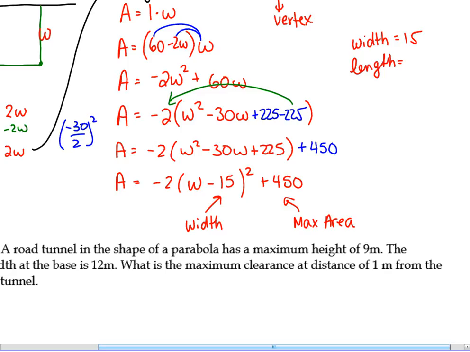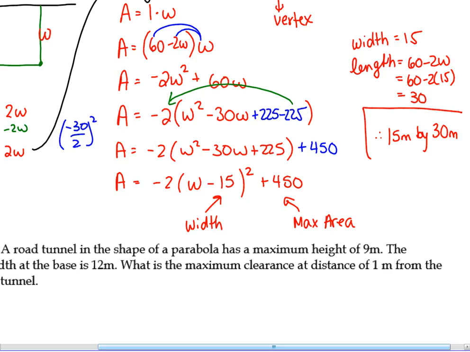What was it? 60 minus 2w. Remember there's two widths? Two of them are 15. So length would be 30. Is this meters or feet? Meters. So dimensions are 15 meters by 30 meters. Would maximize area. Good?